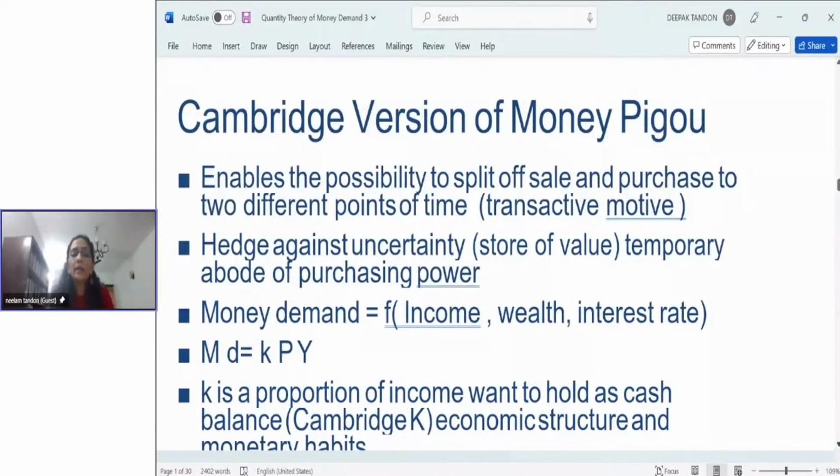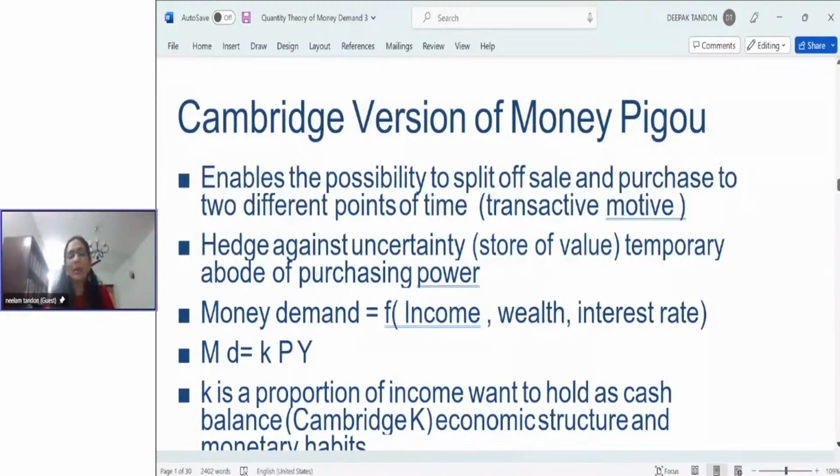While Fisher had only one parameter, that was about money demand and price level and the national income of the country. He didn't talk about interest rate or wealth. But the beauty is that Pigou gave this function, money demand is a function of income, wealth, and interest rate, but he again confined himself to income only.